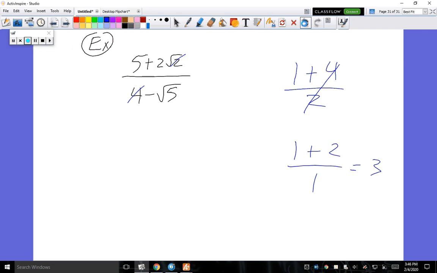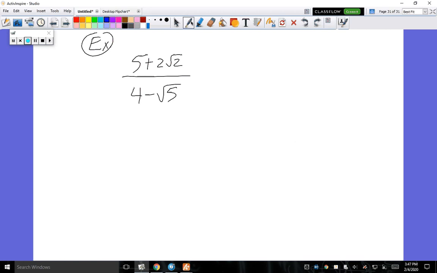Alright, so 5 plus 2 root 2 over 4 minus root 5. I'm going to reduce, or I'm going to rationalize the denominator, but it looks a little bit different, okay? I'm going to multiply by a form of 1.